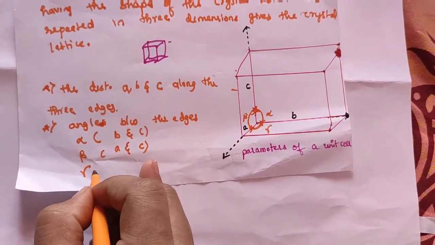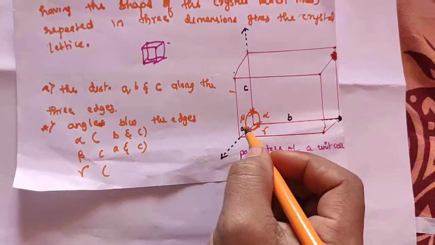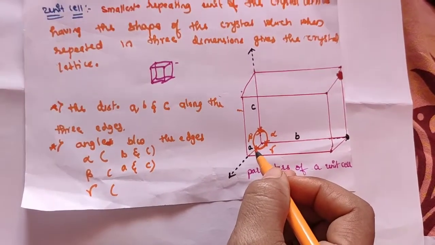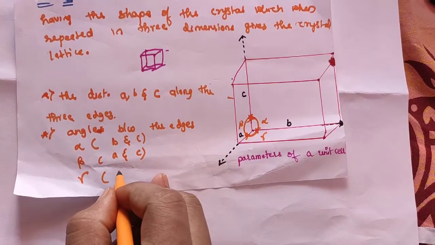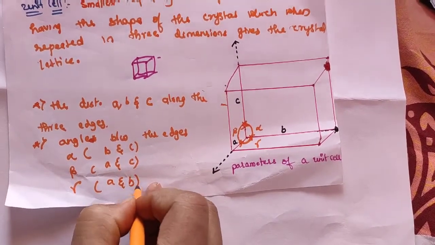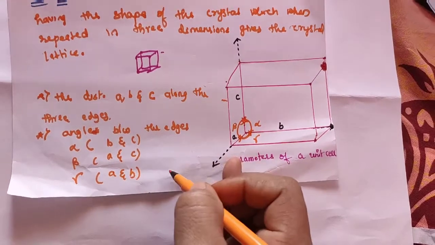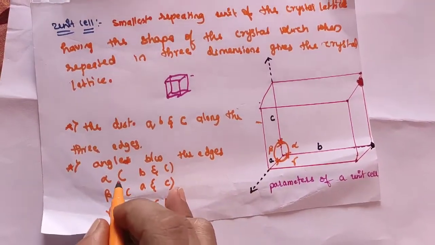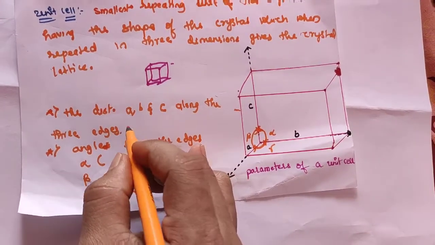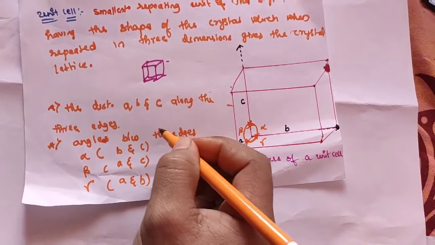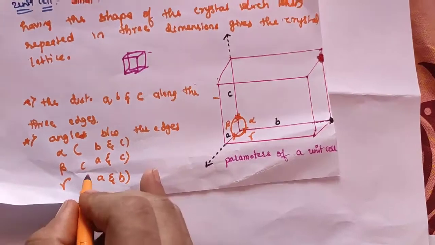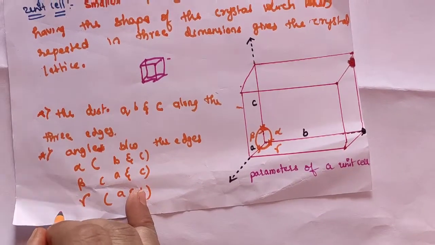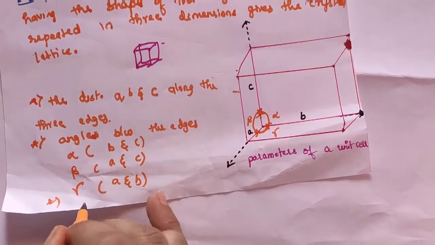Then the last one, gamma, will indicate the angle between the edges A and B. So this is the second point. Then the last one also indicates some directional properties.